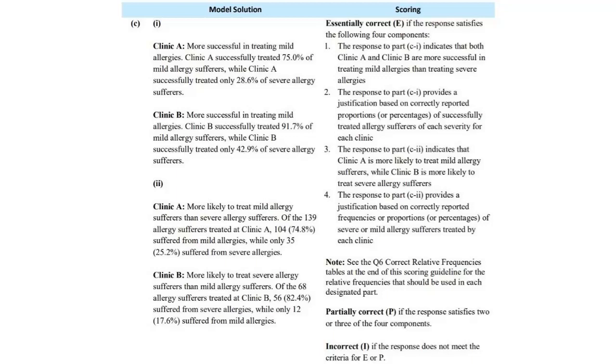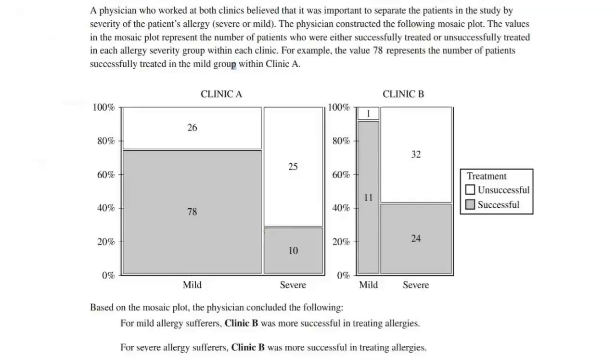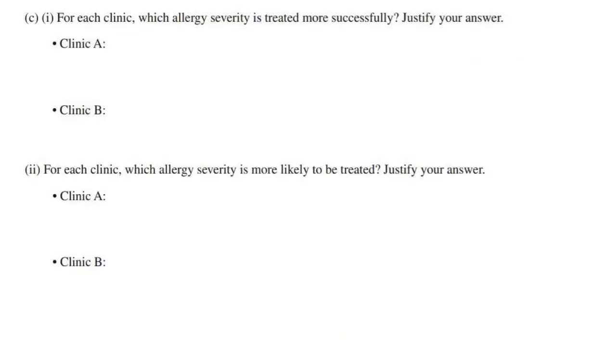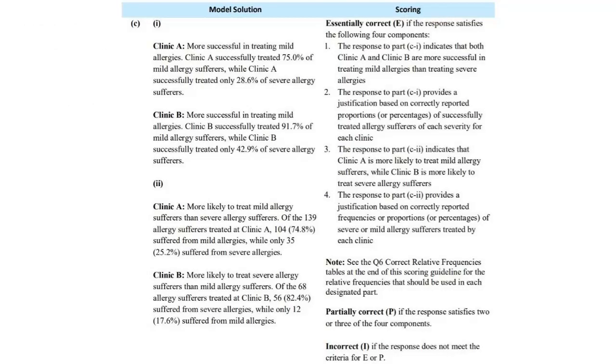So basically what they wanted on part I is, if I'm looking just at Clinic A, are they better at treating mild or severe? If I'm just looking at Clinic B, are they better at treating mild or severe? So in part I, we're just looking at one plot, and then just looking at one plot. For part II, Clinic A is more likely to treat mild allergy sufferers than severe allergy sufferers.